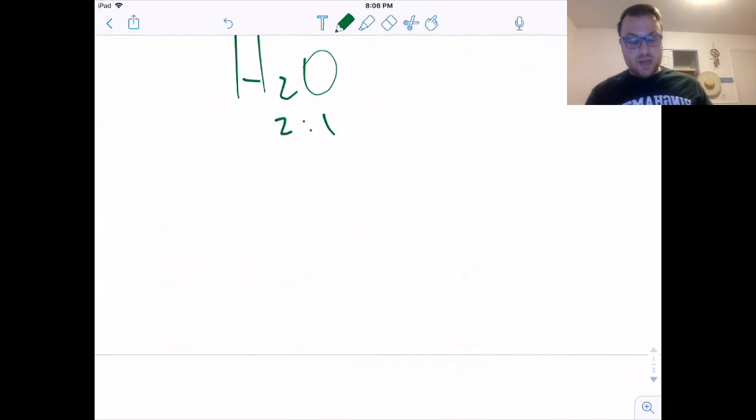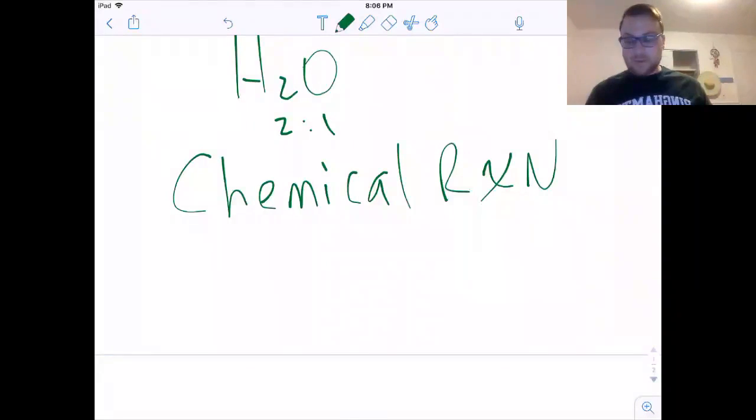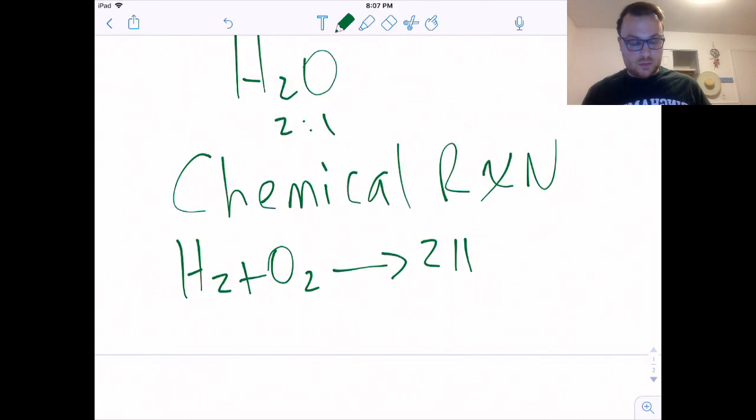These bonds are formed as a result of a chemical reaction of some kind, and we'll go over types of reactions later. But when you form or break a bond, you're forming new substances. So when you're forming H2O, this is when the acronym BARF comes into play.